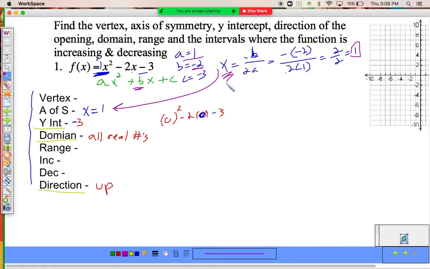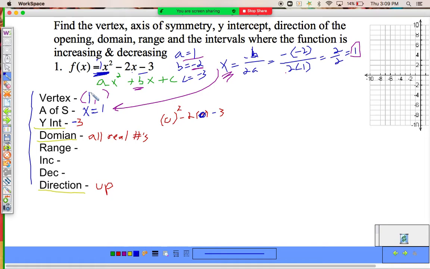Right, now that's going to help me finish the problem. What do we know about our vertex? Can anybody tell me anything about the vertex? The x value is 1. Absolutely, my x value is 1.